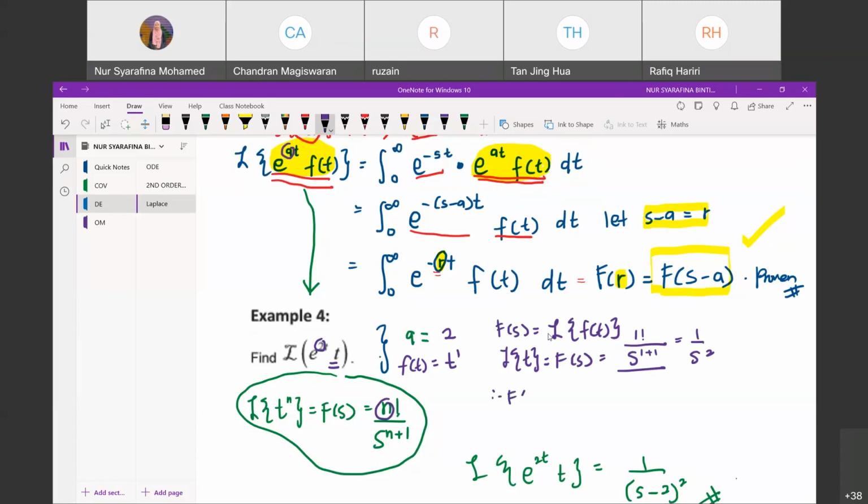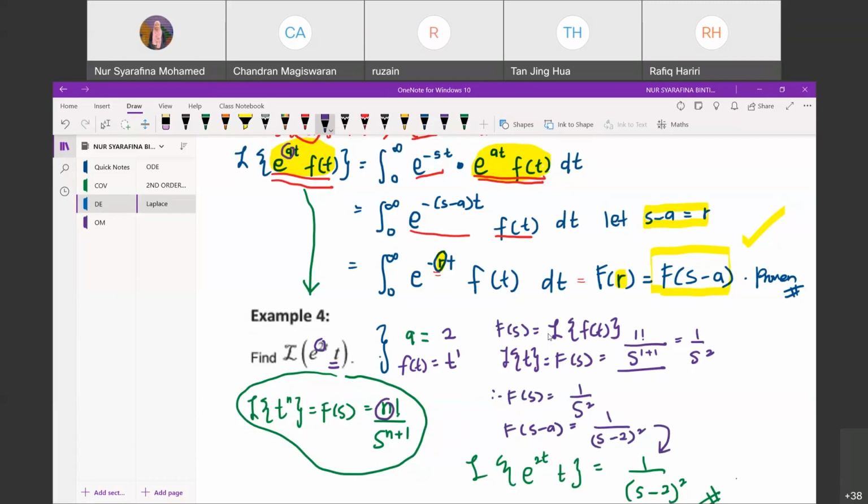So if F(s) equals 1 over s squared, then F(s minus a) equals 1 over (s minus a) squared, where a is 2. That's why the transform of t e to the 2t equals 1 over (s minus 2) squared.